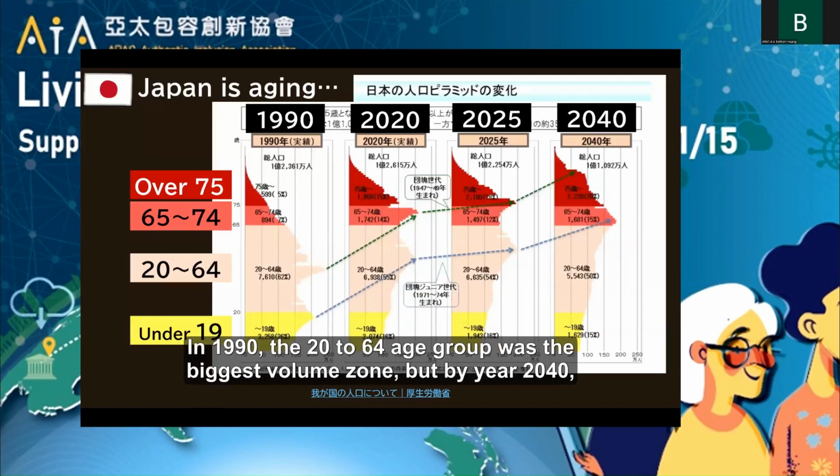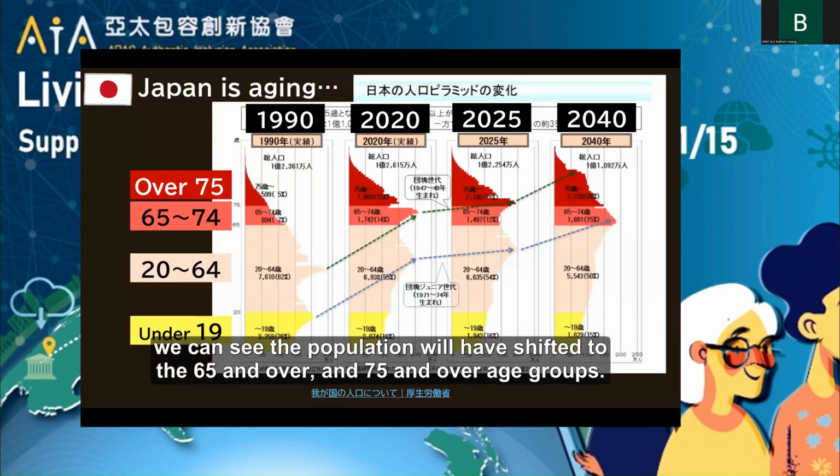In 1990, the 20 to 64 age group was biggest volume zone, but by 2040, we can see the population will have shifted to the 65 and over and 75 and over age groups.